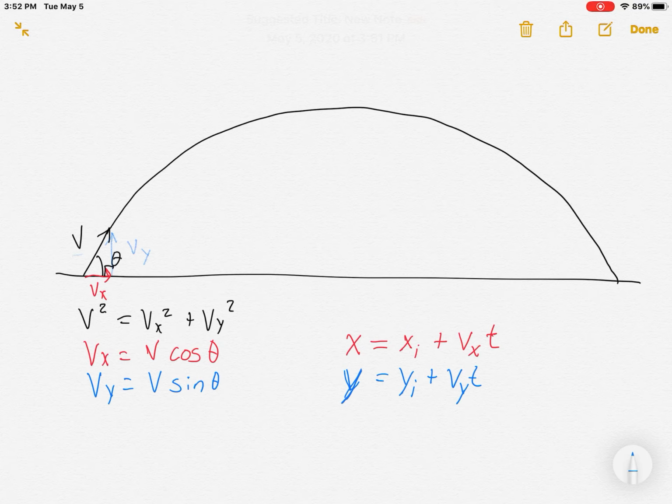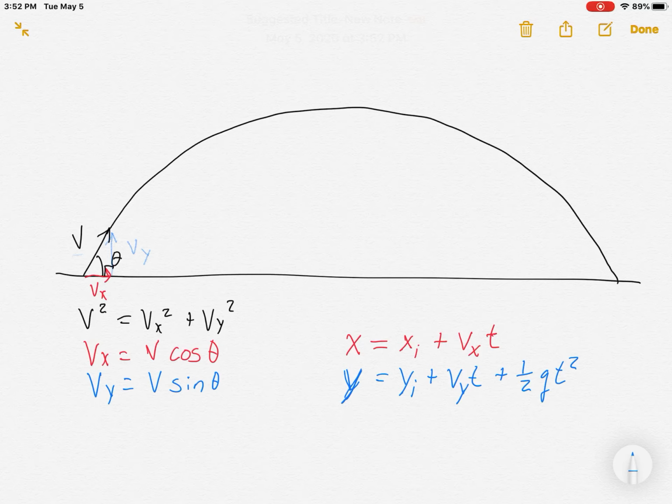So far it looks just like the x. However, the vertical, the y, is under the influence of gravity. So we have to add in the influence of the acceleration due to gravity, which of course is g and t squared.